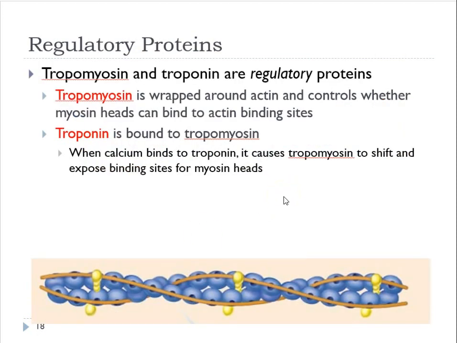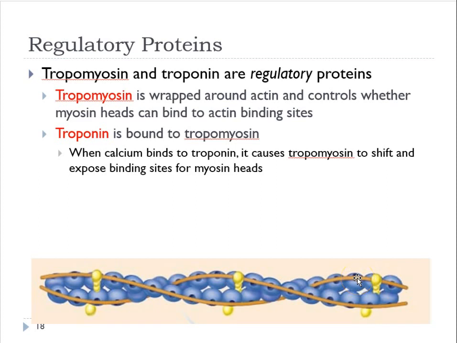There are some regulatory proteins, and these proteins are going to control how the muscle works. And really what we're going to be controlling is this thin filament. You'll see that there's a couple things going on. There's tropomyosin. The tropomyosin is this cord that's going around, and see those little holes, remember that's where the globular heads of the thick myofilaments come together?